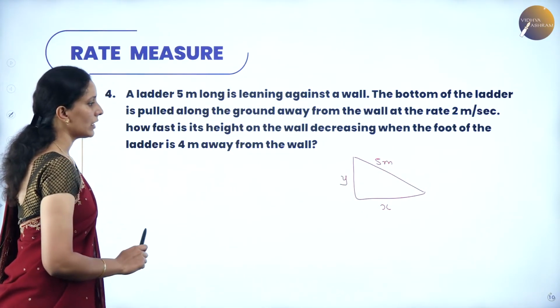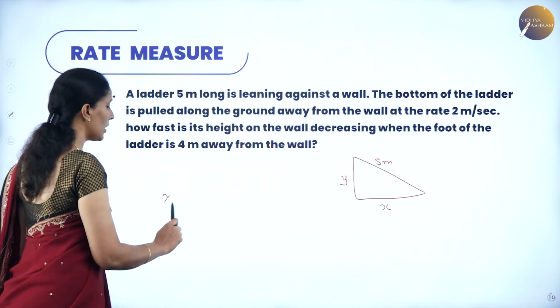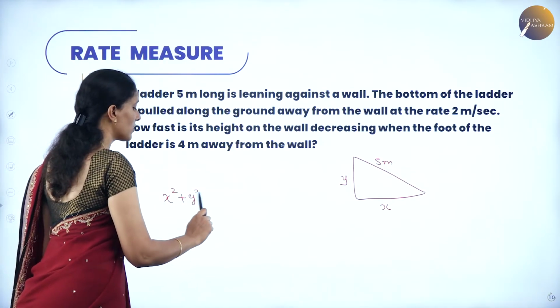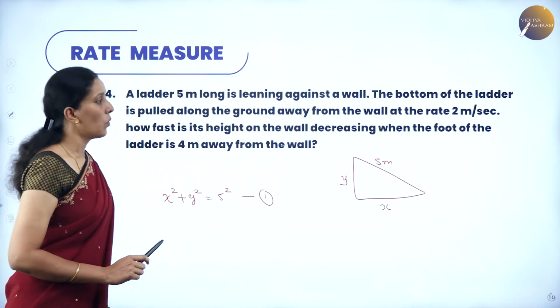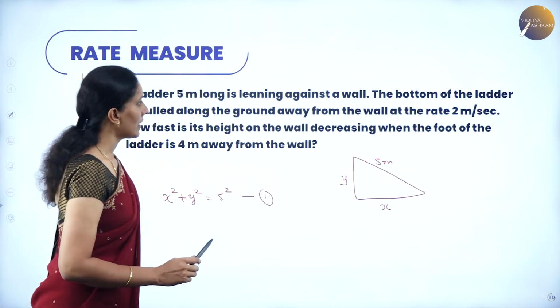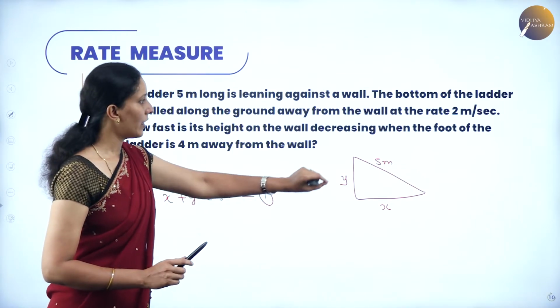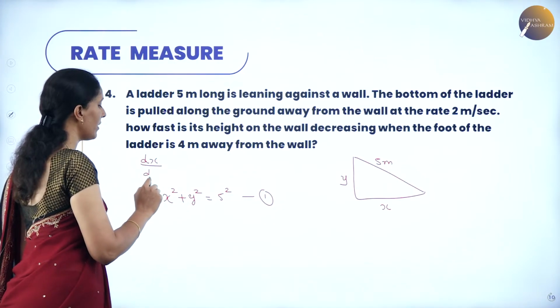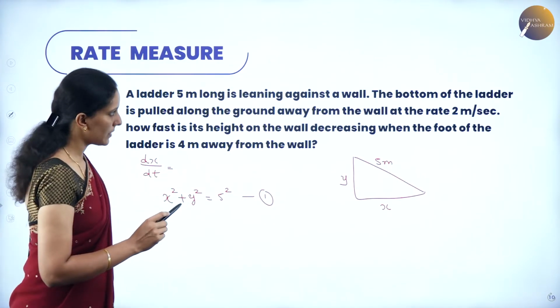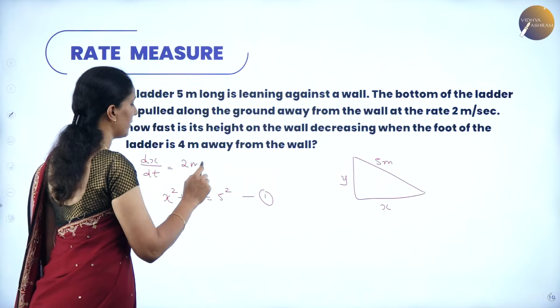Now again using the same formula we get the equation x square plus y square is equal to 5 square. Let me take it as equation 1. What is given here is the rate at which the ladder moves away from the wall, that is dx by dt, 2 meter per second.